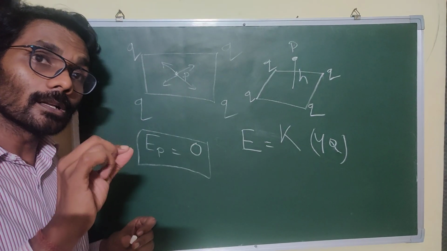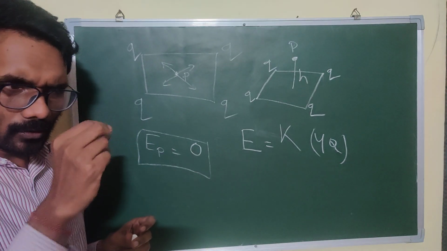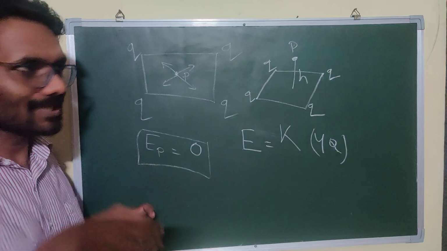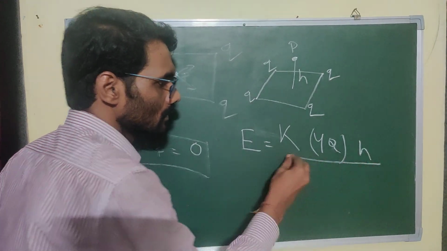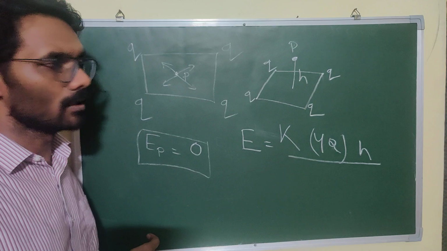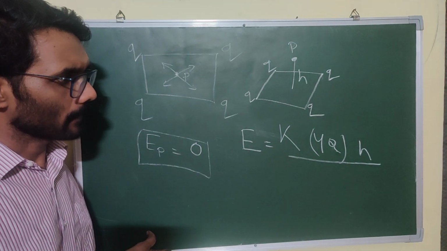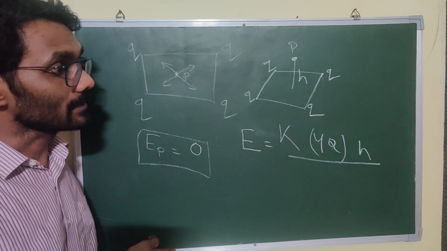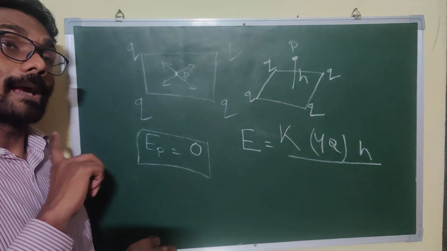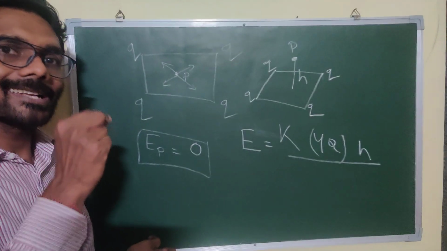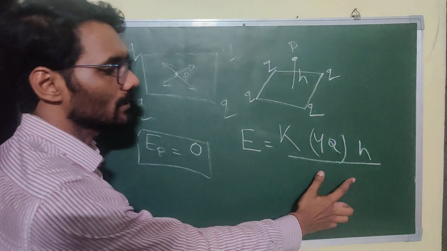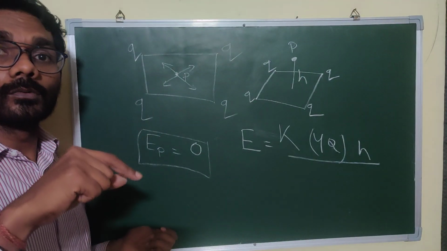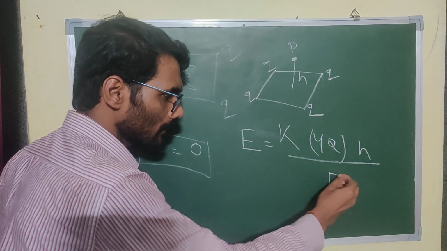From the center of the loop to the point P, that distance. Here this distance is given, H, divided by R squared. From each charge to point P, what was the distance? That distance to the power 3.